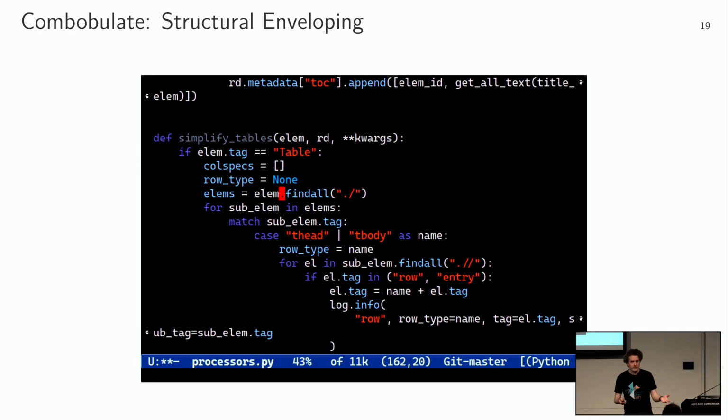Structural enveloping. This is the sort of thing where if you've got a complicated expression and you know you want to call round around a mathematical expression, or you want to call trim on a long string sequence, if there's multiple brackets in there, it can be confusing to the eye to work out exactly where you want to put the call.